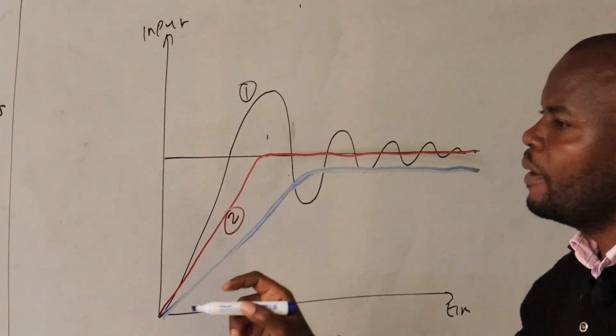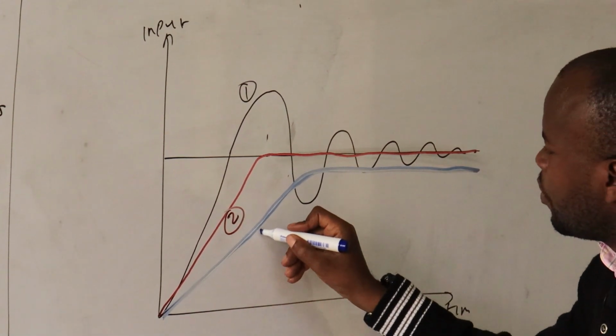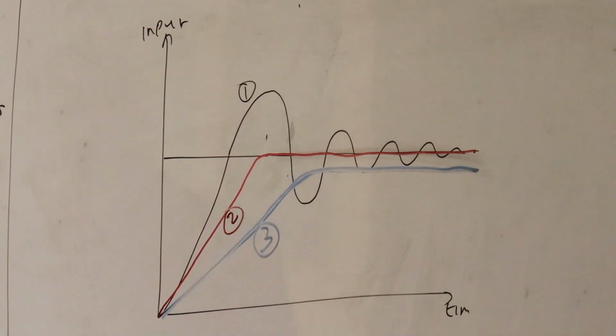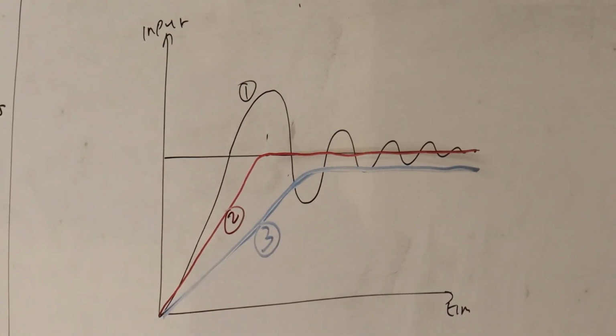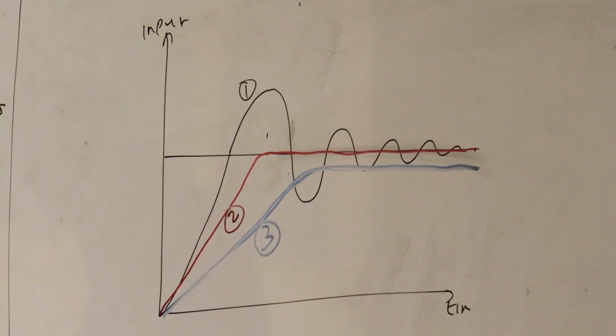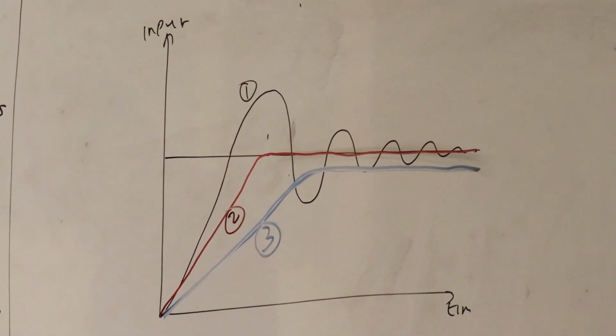We can call that number 3. And if the system is undamped, the oscillation will be forever.